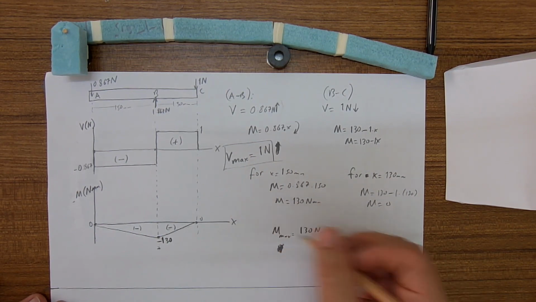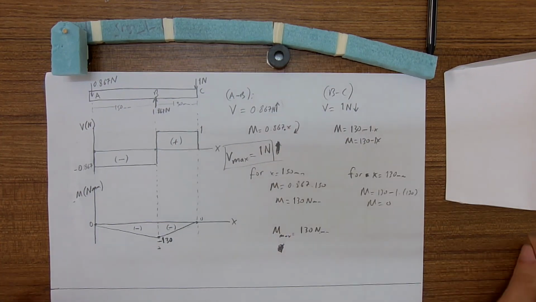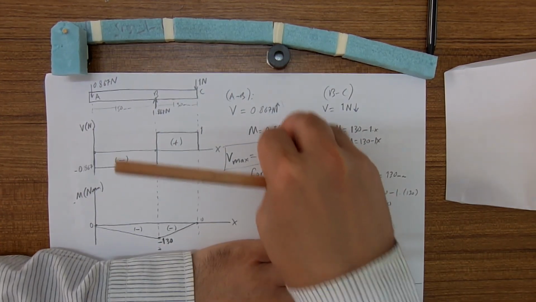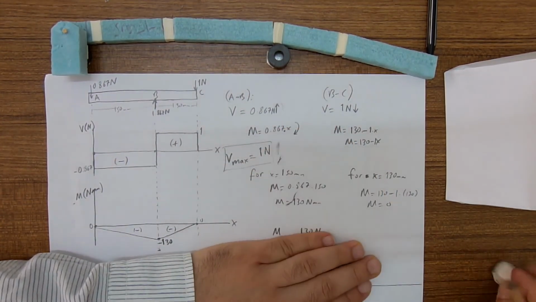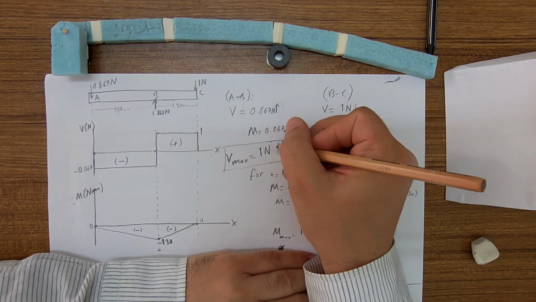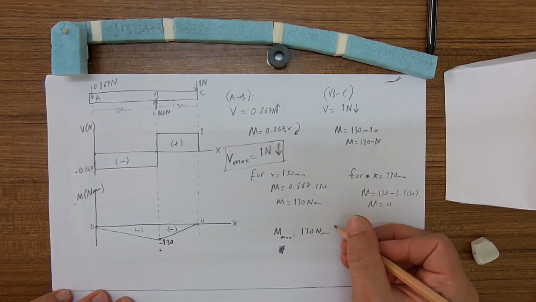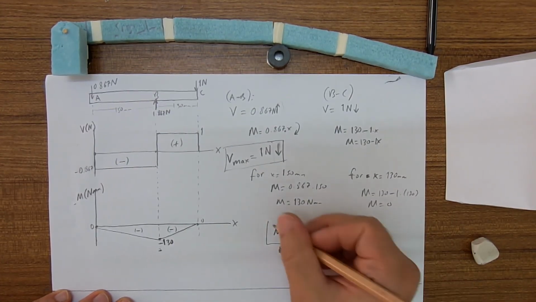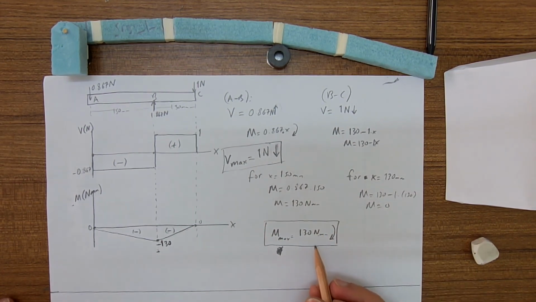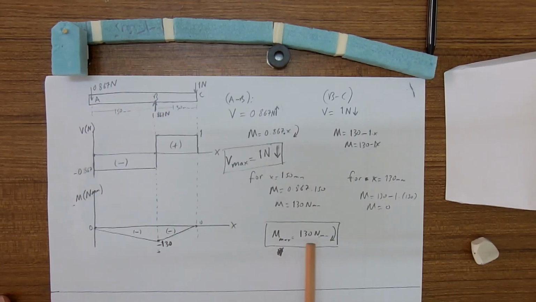And Mmax, if you want to draw the direction, just draw it. Mmax has got this direction. So this is how we found the maximum shear and moment values.